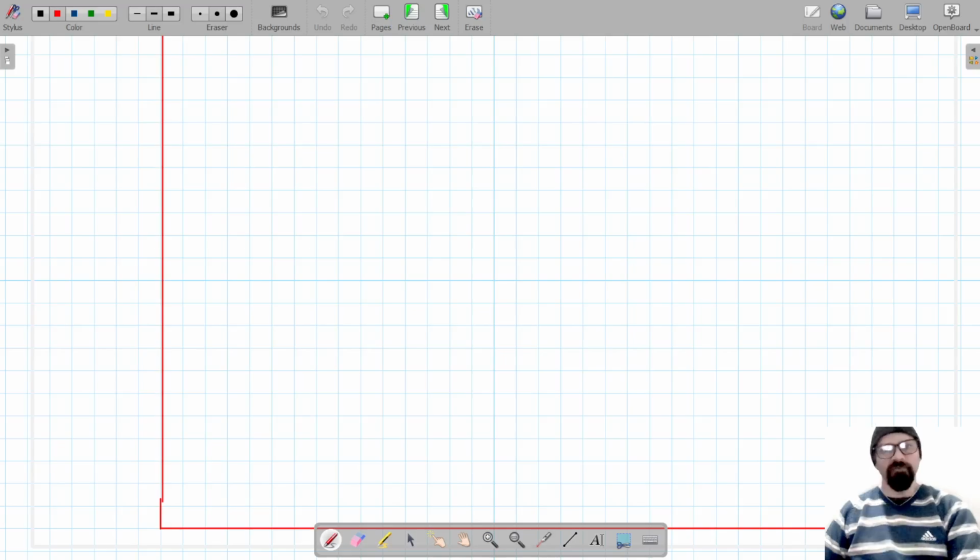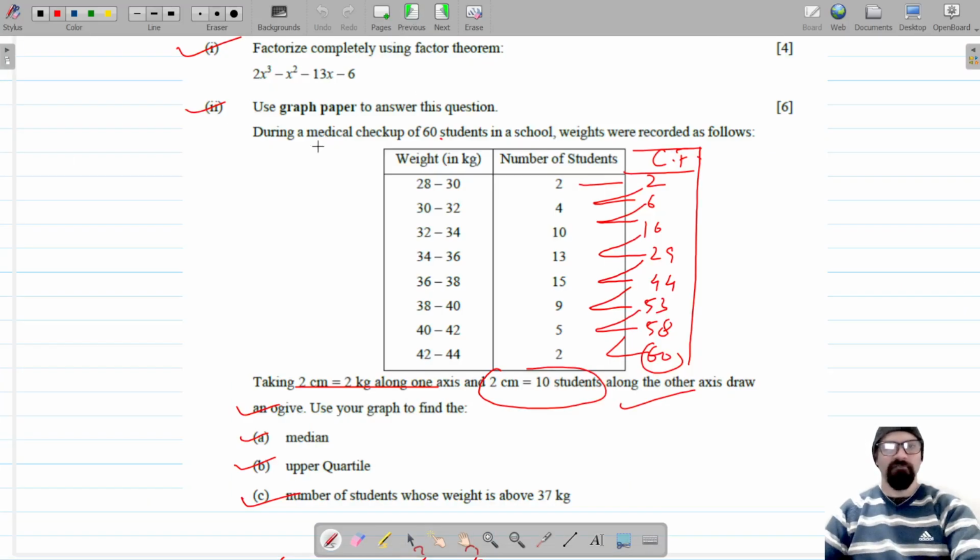So cumulative frequency is the total number of students up to and including a certain weight. And we can now plot the cumulative frequencies on the graph paper. The horizontal axis will represent the weight in kg. The weight in kg starts from 28, so 30.